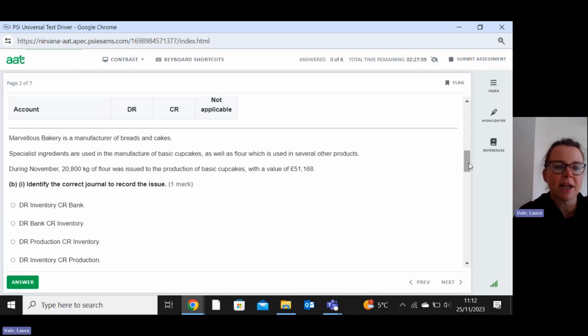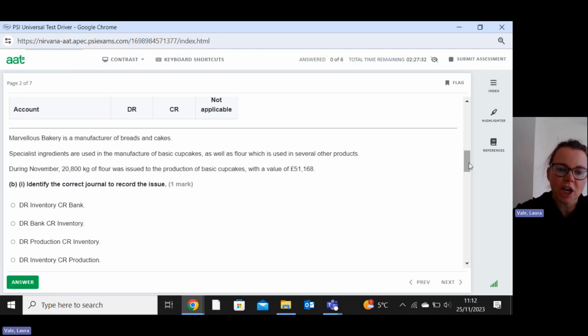Marvellous Bakery is a manufacturer of breads and cakes. Specialist ingredients are used in the manufacture of basic cupcakes, as well as flour, which is used in several other products. During November, 20,800 kilos of flour was issued to the production of basic cupcakes with a value of £51,168.